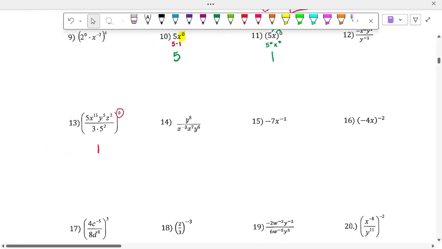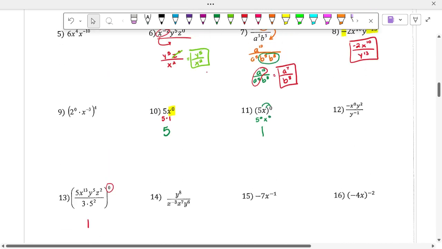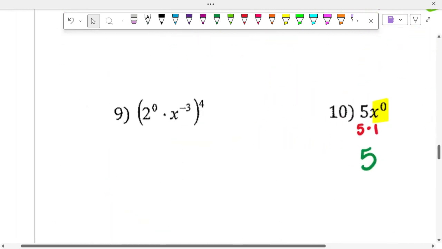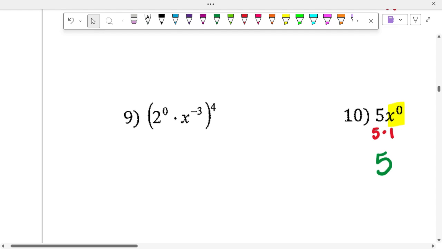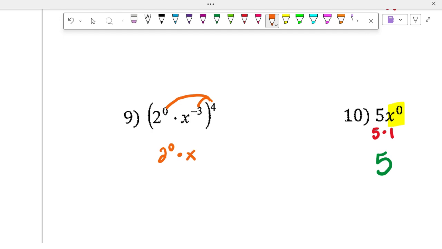All right, number 9. Like I said, do the power rule first. So if I do the power rule first, 2 would still be raised to the what power? 0 times x to the what?